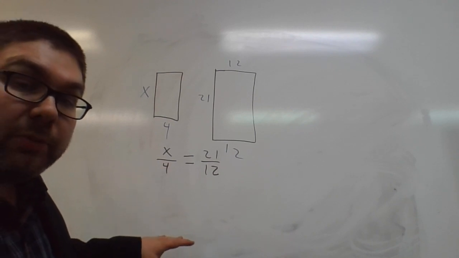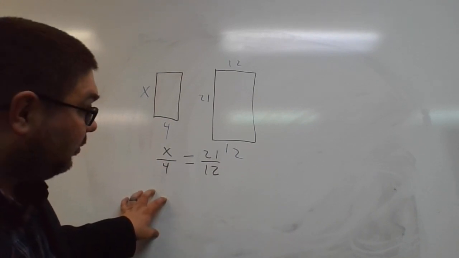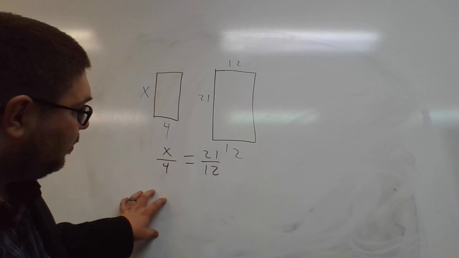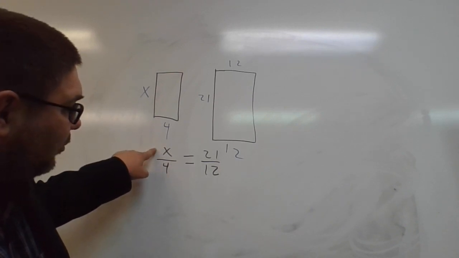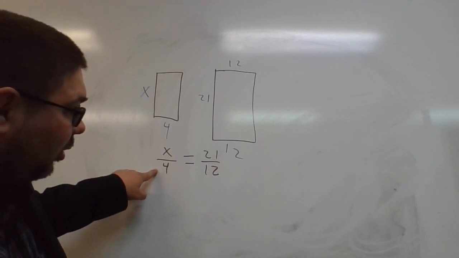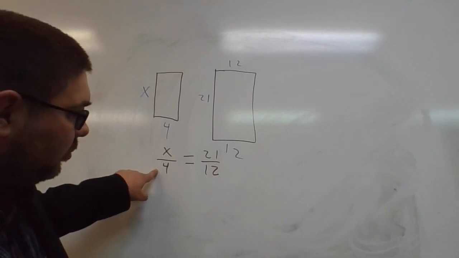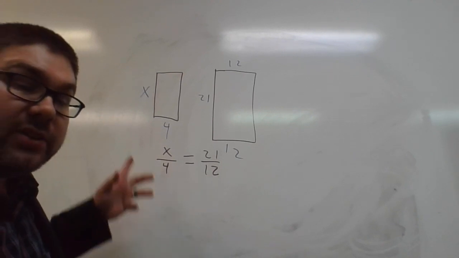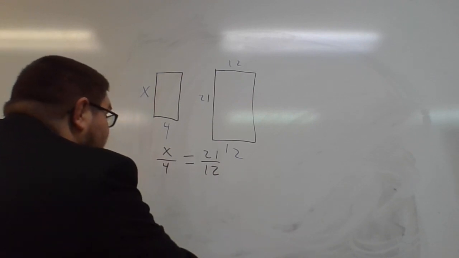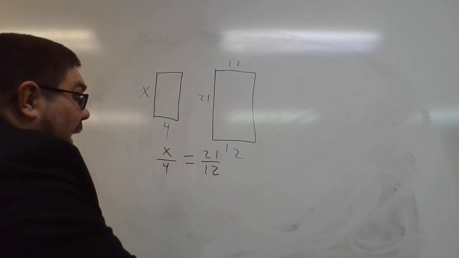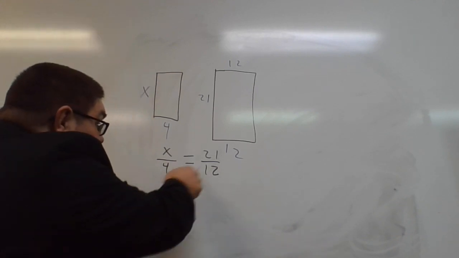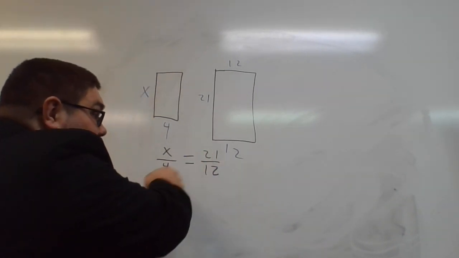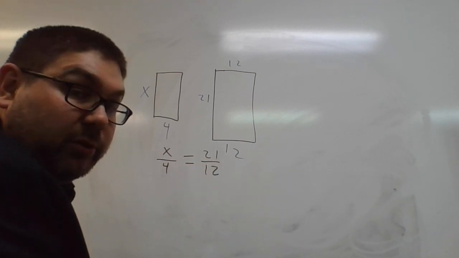We cross multiply. Here's why. I've got to get x by itself. X is being divided by 4, so let's get rid of the 4. I could do this in two different ways. I can just multiply each side by 4, or I could cross multiply.